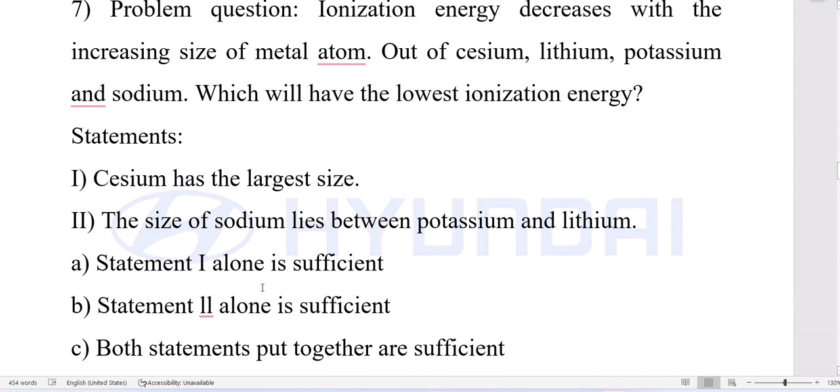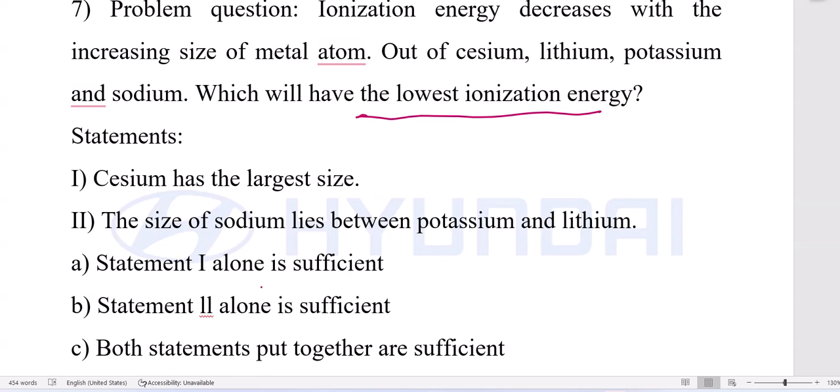Again, data sufficiency related. What they're asking is which will have the lowest ionization energy. So this is chemistry, nowhere related to us. Fine, I agree, but they have given some data. See, the first line of what they gave: ionization energy decreases with the increasing size of the metal.